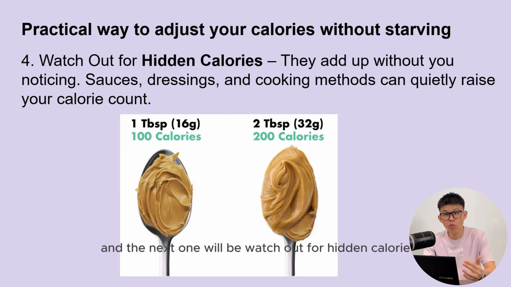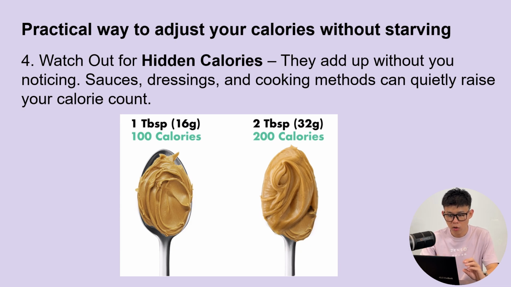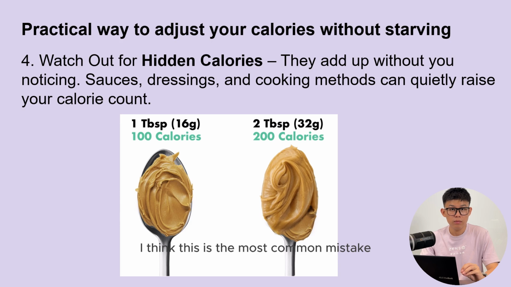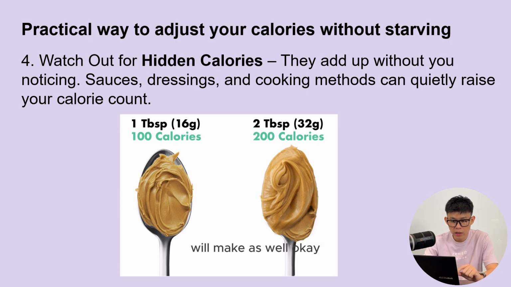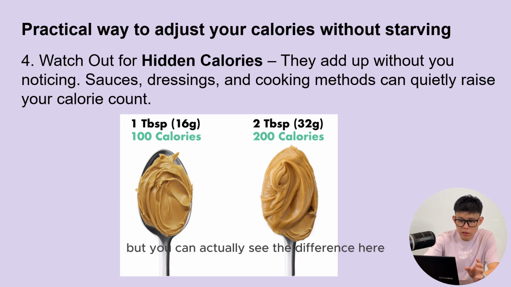And the next one will be watch out for hidden calorie. I think this is the most common mistake that everyone will make as well. This is one of the samples. Thinking that you are eating healthy, like you're eating bread with some peanut jam, but you can actually see the difference here.